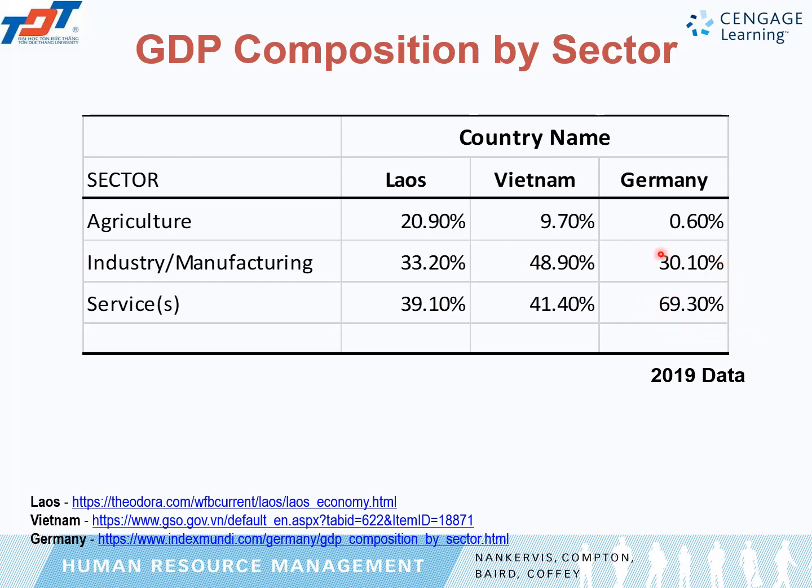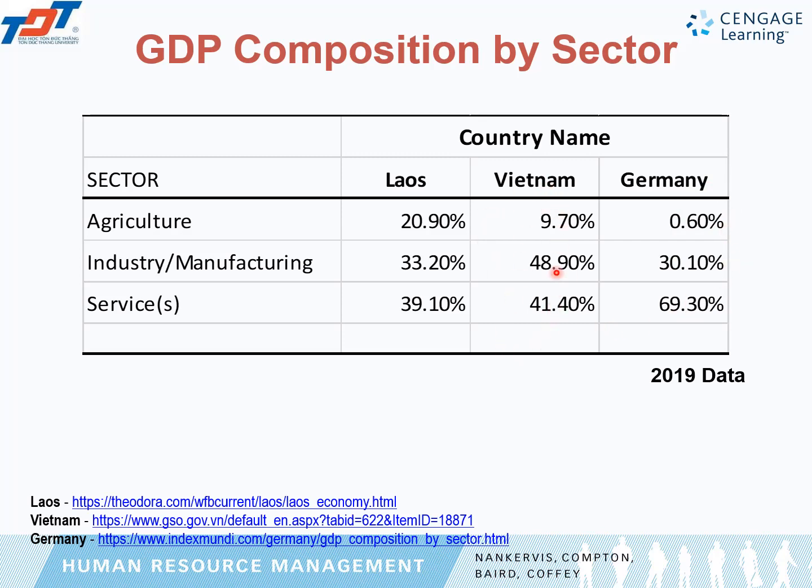Manufacturing is still important, but the services sector now is the most important sector in the world if we look at the data that refers to the global economy as a whole. So what you can expect in the future is that Laos, if it continues to develop, will sooner or later end up looking like Germany, and the same is valid for Vietnam.